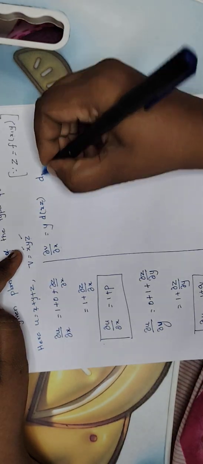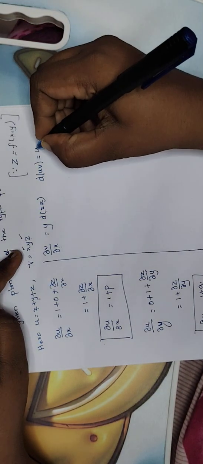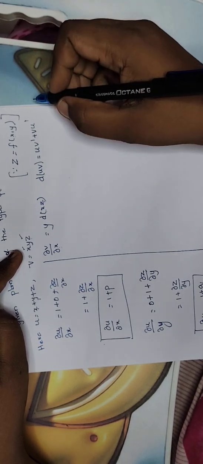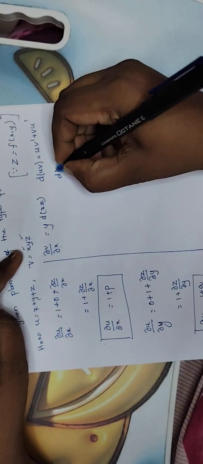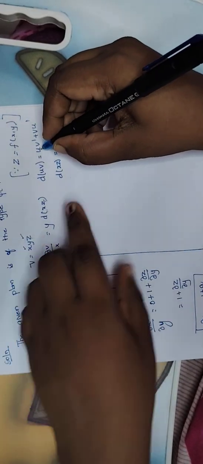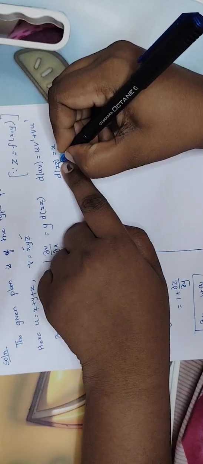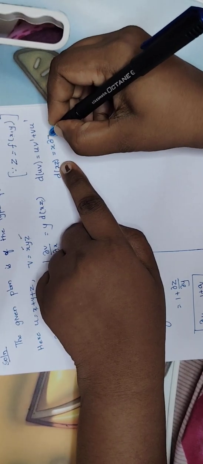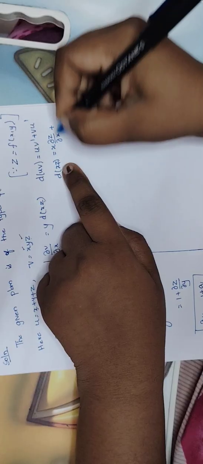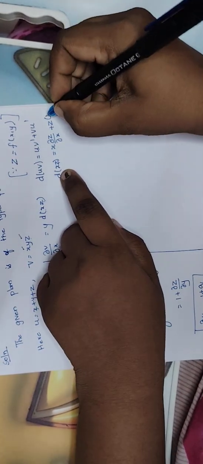Okay, so we'll use the formula for differentiation of uv. Differentiation of uv, we know that it is u v dash plus v u dash. So what is the differentiation of xz? The u term is x, so x times v dash, where v is z, so v dash will be dou z by dou x, plus v, which is z, into u dash, where u is x, so u dash is 1.